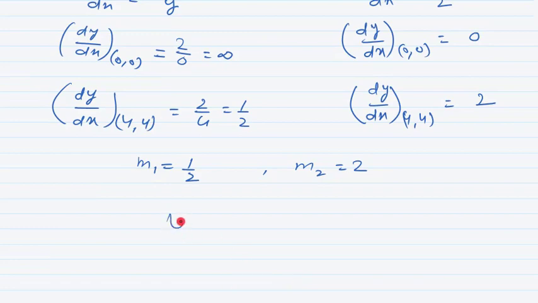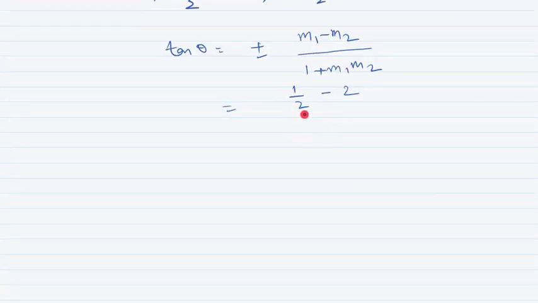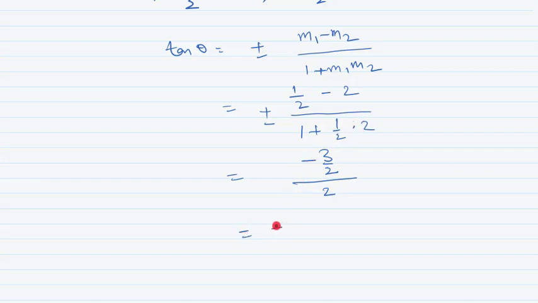Using tan theta is equal to plus minus (m1 minus m2) upon (1 plus m1 m2), we have (1/2 minus 2) upon (1 plus 1/2 into 2) with plus minus sign, which gives us minus 3/2 divided by 2, so minus 3/4. We change the sign, and minus plus 3/4 is the tangent of the angle between the two tangents drawn to the two curves at point (4, 4).